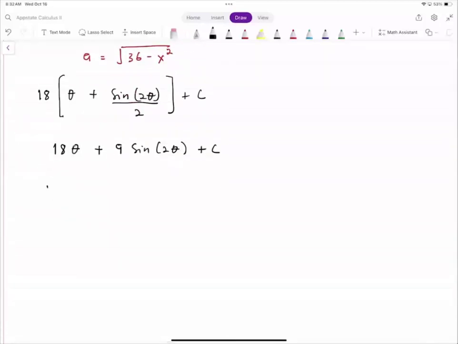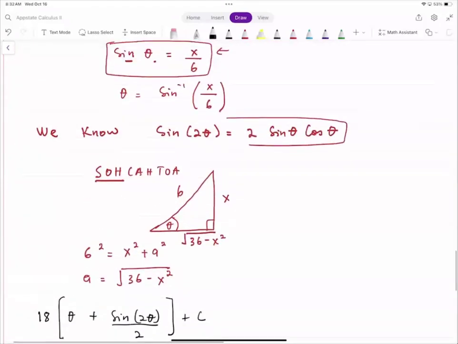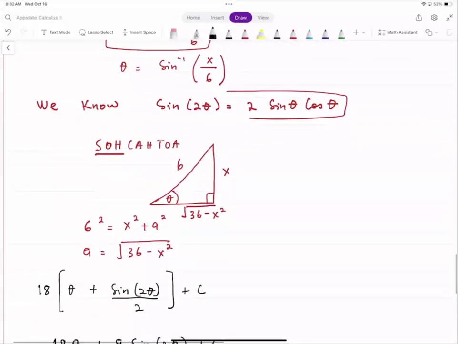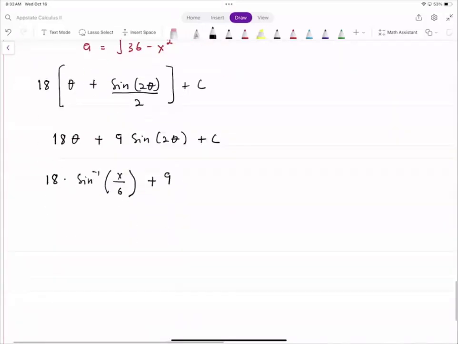So this gives me 18 times sine inverse of x divided by 6 plus 9. We also said sine 2 theta can be written as 2 sine theta cos theta. So in place of sine 2 theta, I'm going to put 2 sine theta cos theta plus c.